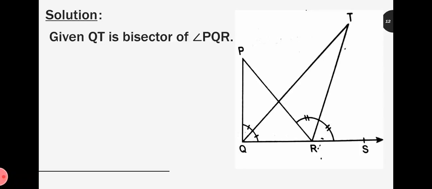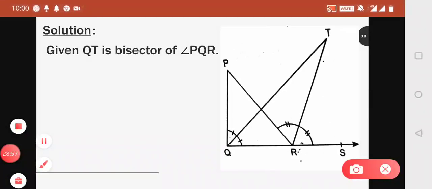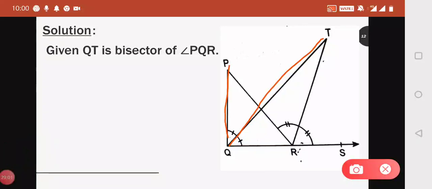Now for the solution. Given, QT is the bisector of angle PQR. You can see in the figure that in the question it is given that this QT is the bisector of angle PQR. Bisector means it divides the given angle into two equal parts.